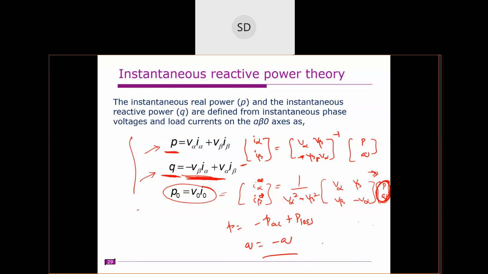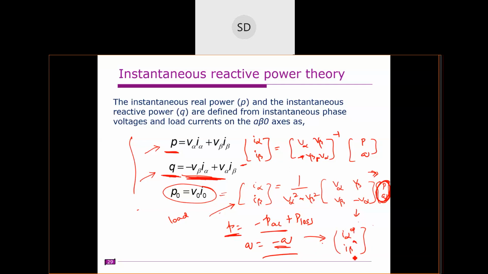So now the currents are in the alpha-beta reference frame. If this star is not there, what we discussed earlier was for load currents: given the load currents in the alpha-beta frame, we generate P and Q. In a similar way, if we have P and Q, we back-calculate I alpha and I beta star.